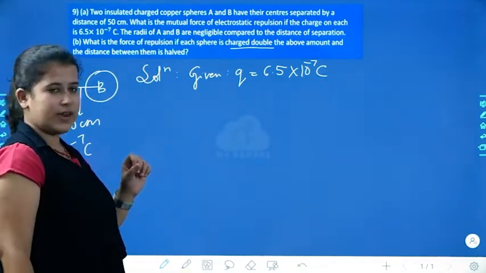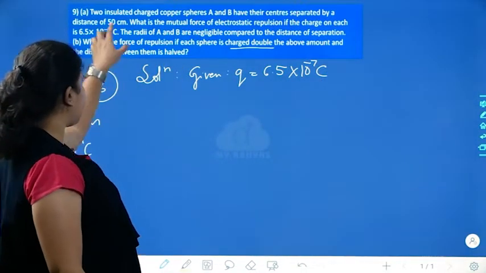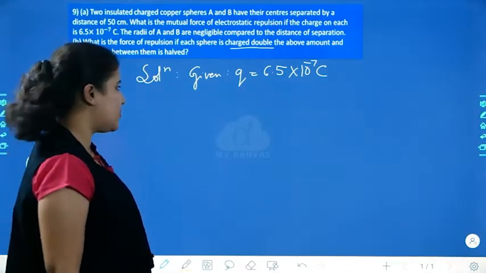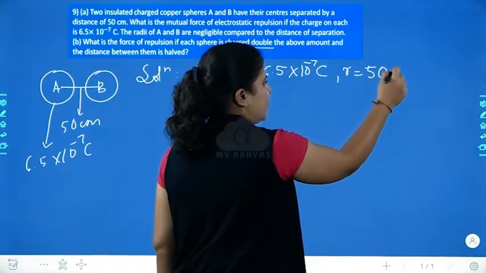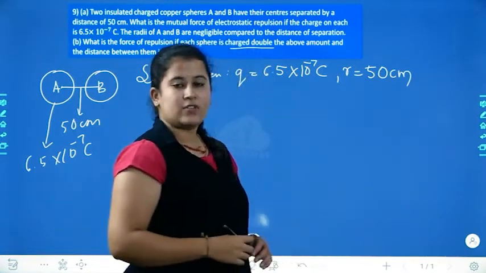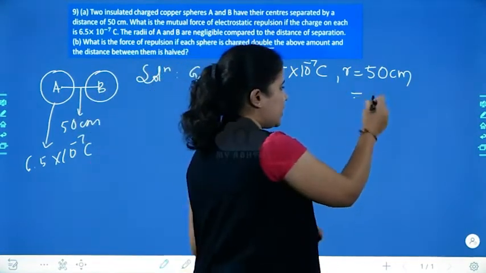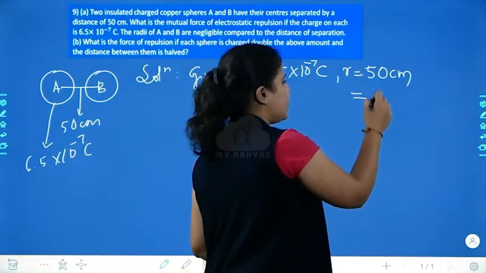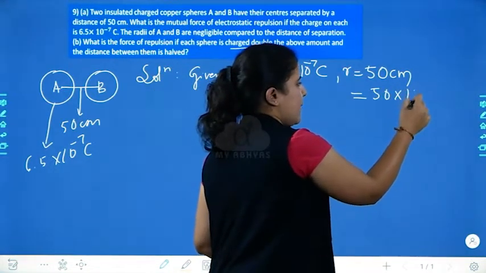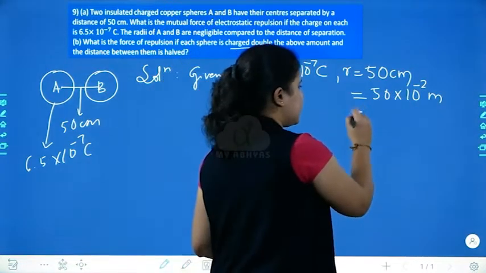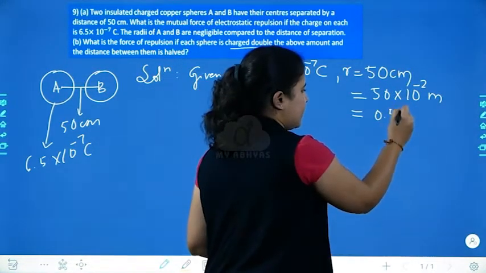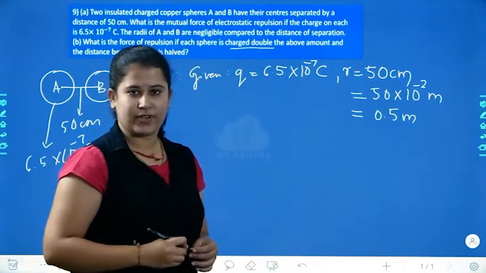Then they have given me the distance between the centers, which is 50 centimeters, so R is equal to 50 centimeter. If I convert it into meters, it is 50 into 10 raised to minus 2 meters, and this is equal to 0.5 meters if you solve it.